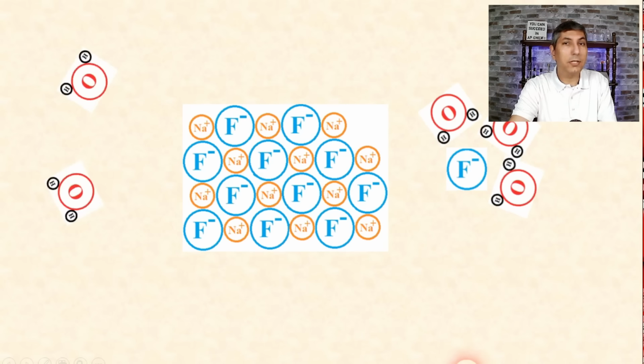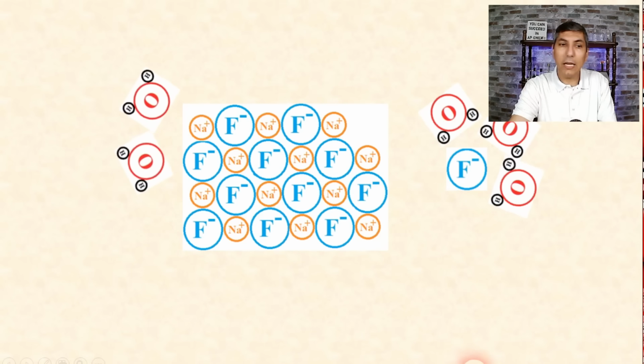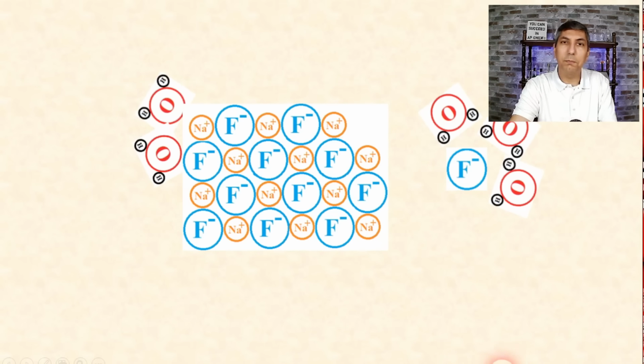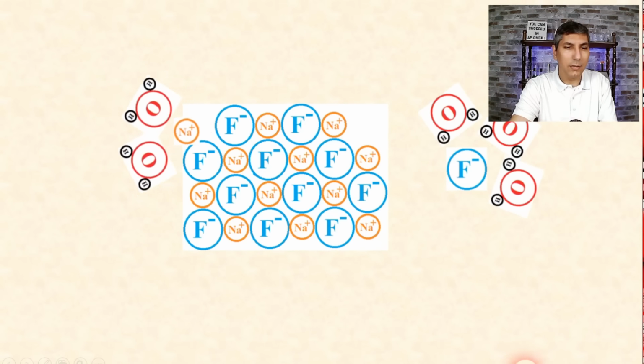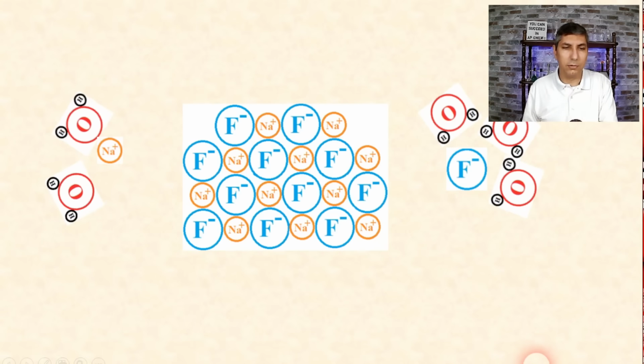The negative pole is going to surround those positive cations and literally drag those off into solution. So imagine all these water molecules doing that to these other ions. As long as those ion-dipole forces between the water molecules and the ions are stronger than the ionic forces holding the crystal together, it's going to be soluble in water. And sodium fluoride is soluble in water.